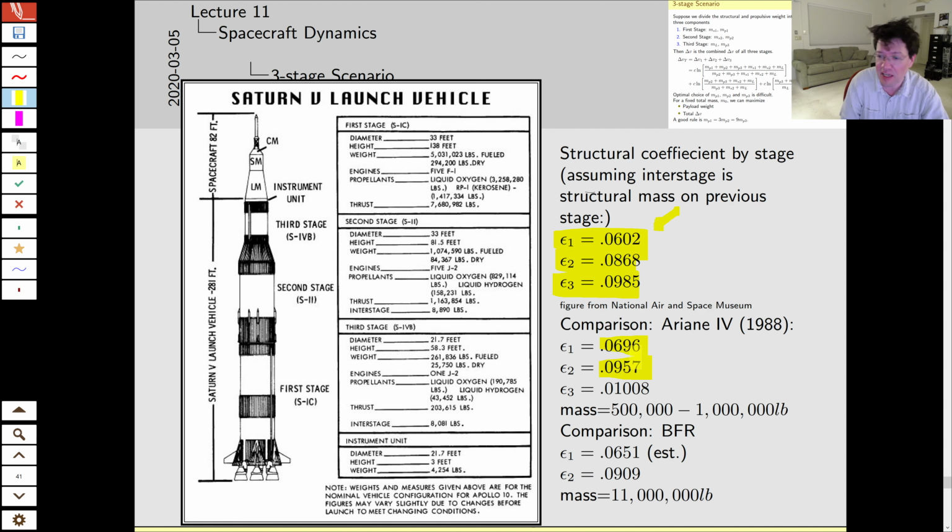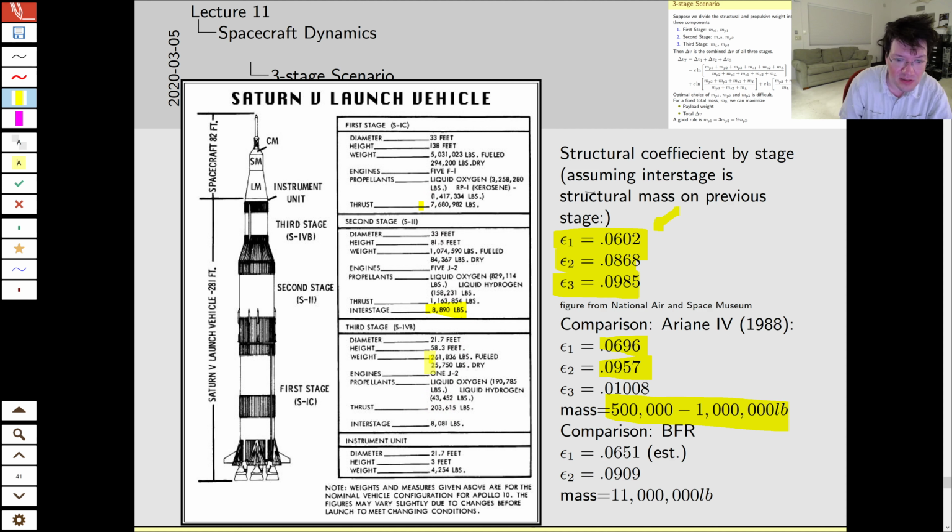And you notice this hasn't changed much. In 1988, the Ariane 4 structural ratio is still 0.07, even worse than the Saturn V, and that's mostly because it's a smaller rocket. I don't see the total weight given here anywhere.